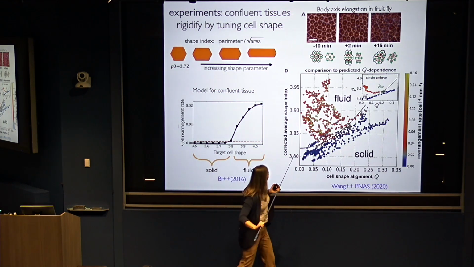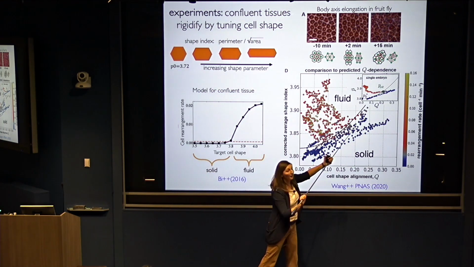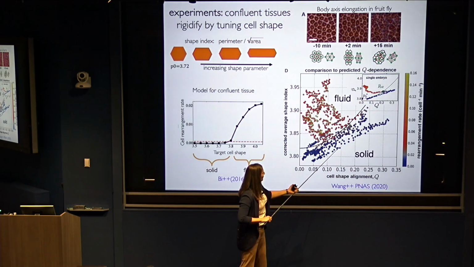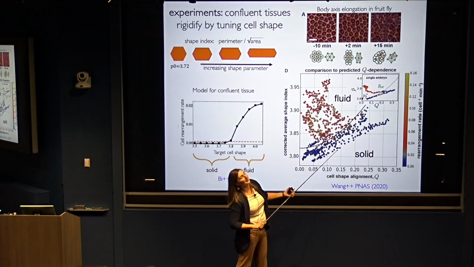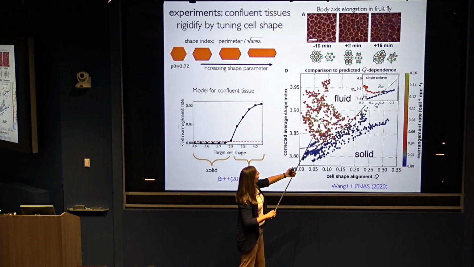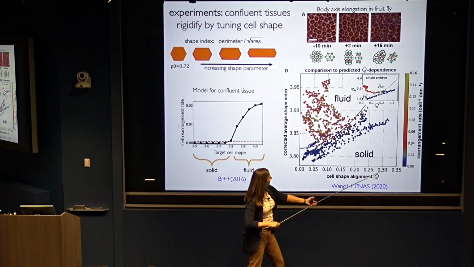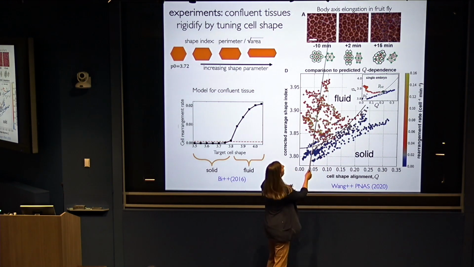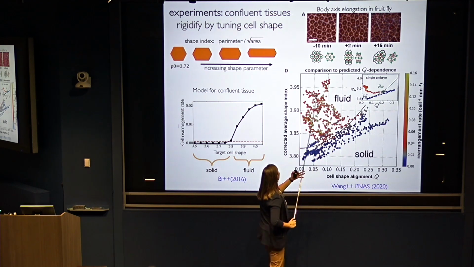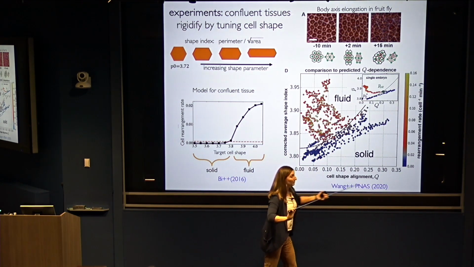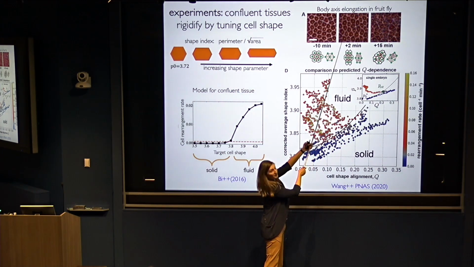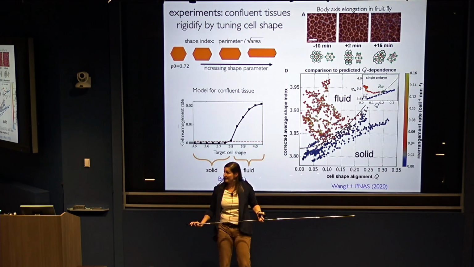And this black line, again, is a theoretical prediction a priori with no fit parameters. And then this data is from a fruit fly, actually lots of fruit fly embryos. Thank you, Karen. And the color is telling you how fast those cells are changing neighbors. Because of course, we get pictures like this, so we can measure the shape index, we can measure the nematic order, and then we can also measure how fast cells that have that given set of shapes are changing neighbors, okay?